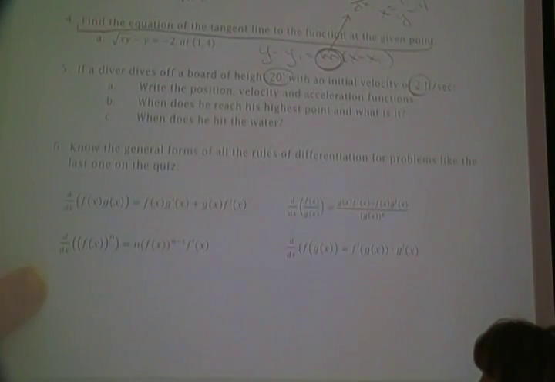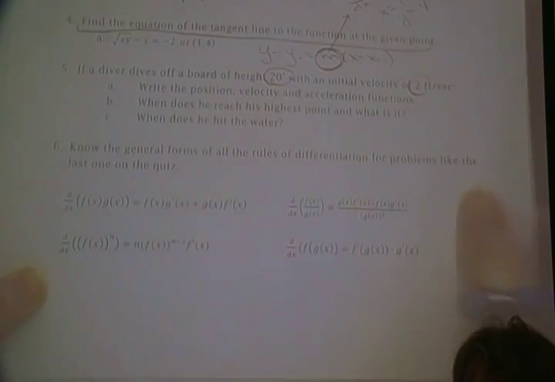So problem number 5 gives you everything you need to know, the height and the initial velocity. That's all you need to know to write a position function. So -16t squared plus 2t plus 20.